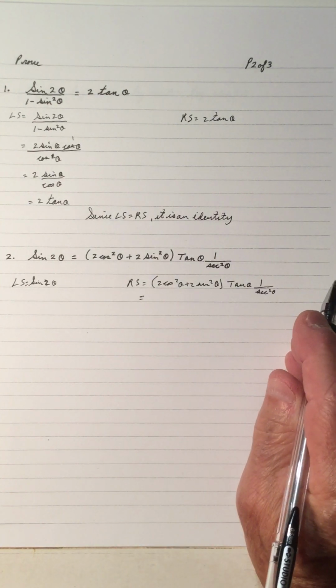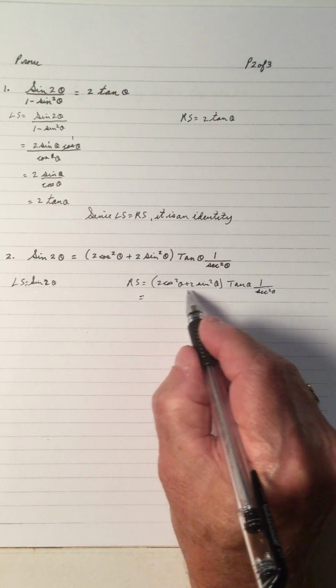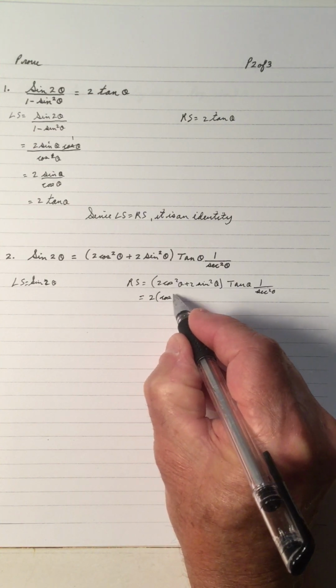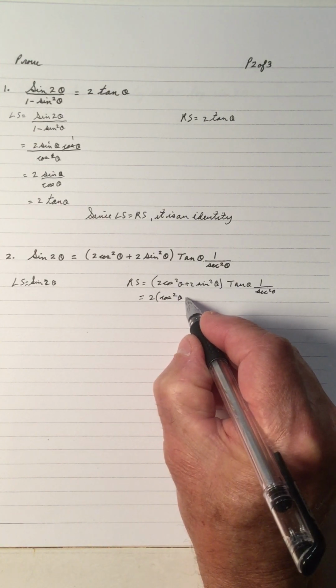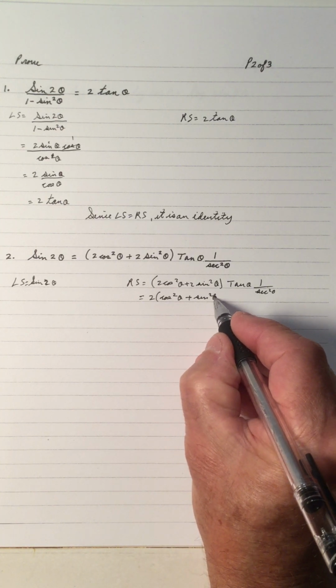So what do we do? Well, we have brackets, but inside the brackets, notice that I see a 2 common, so I take the 2 out, and I have a cos squared plus sine squared when I factor the 2 out.